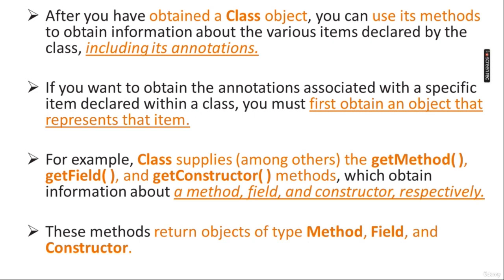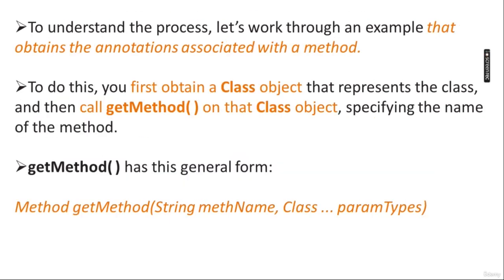Class supplies the getMethod, getField, and getConstructor methods, which obtain information about a method, field, and constructor. Okay, and this will return the object of that particular type. getMethod will give you the object of method, getField will give you the object of field, and getConstructor will give you the information about the constructor.